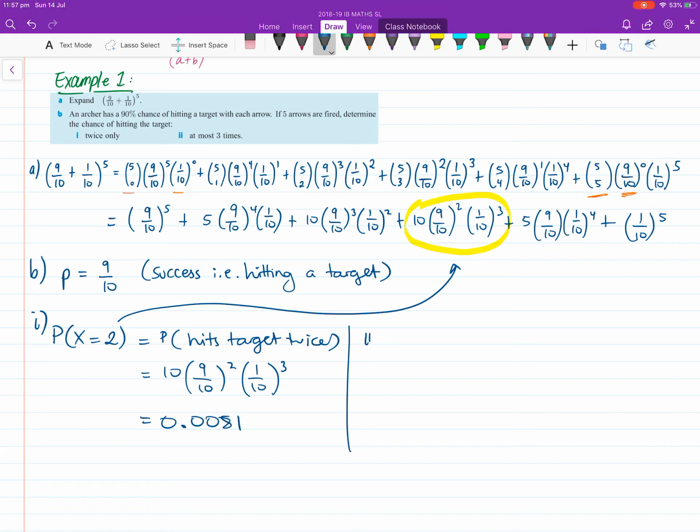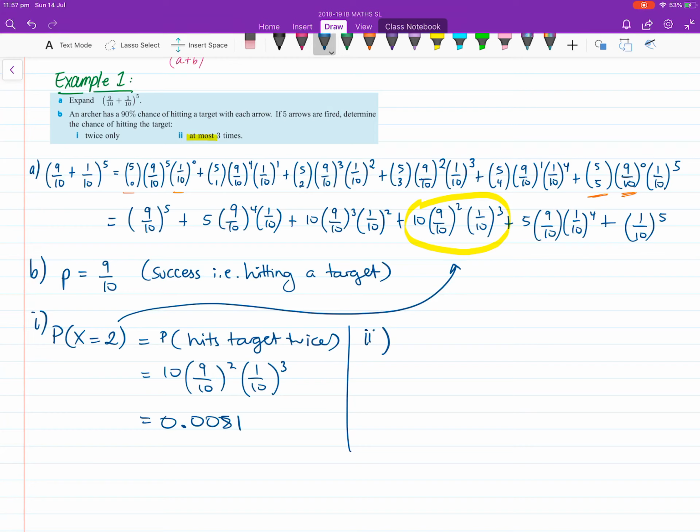Now part 2 says, this is where the language is tricky. It says at most 3 times. So that actually means we want it hitting 0 times or 1 or 2 or 3, but not 4 or 5, right?